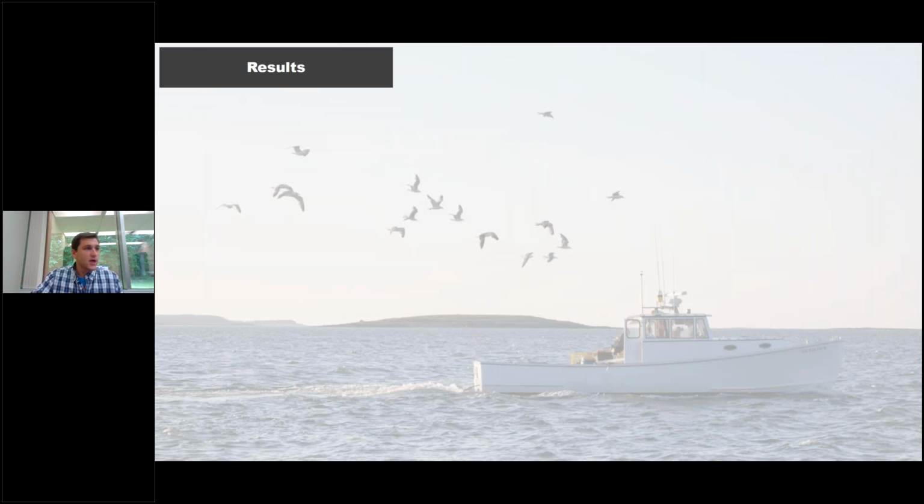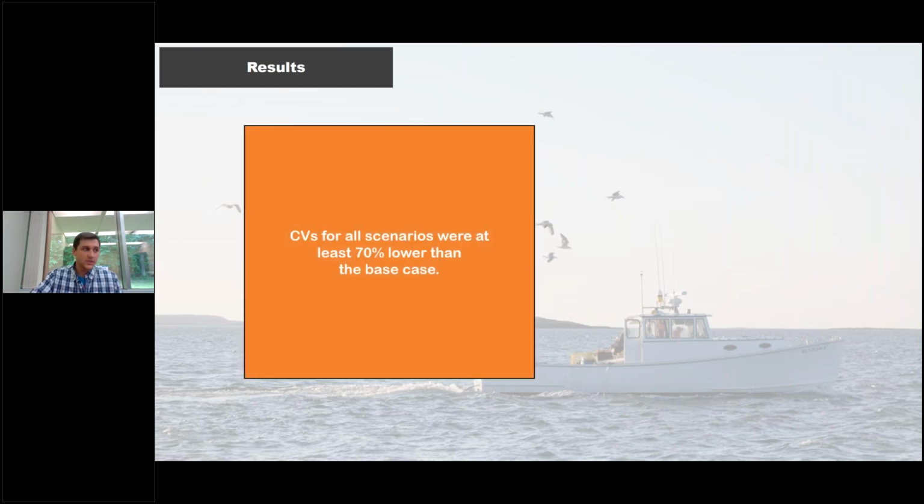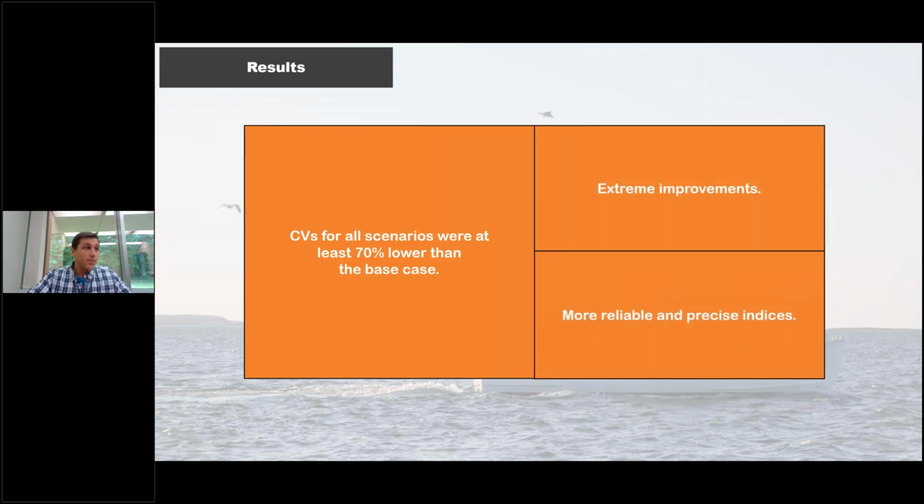So first, a big positive: all CVs for the 9 modeled indices were much lower than the traditional CVs for the design-based, meaning that they may perhaps be more precise or more reliable. This definitely highlights the property of variance reduction in geostatistical models like the delta GLMM that we used.